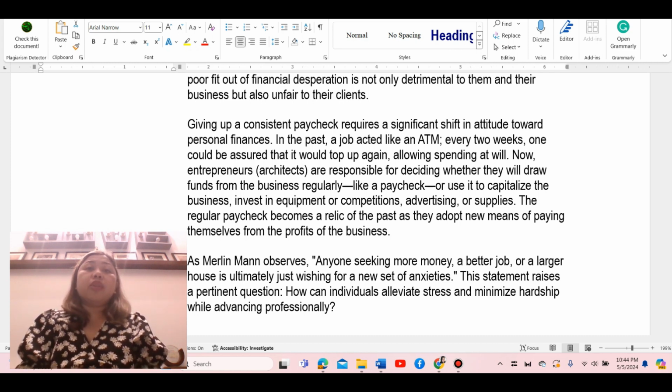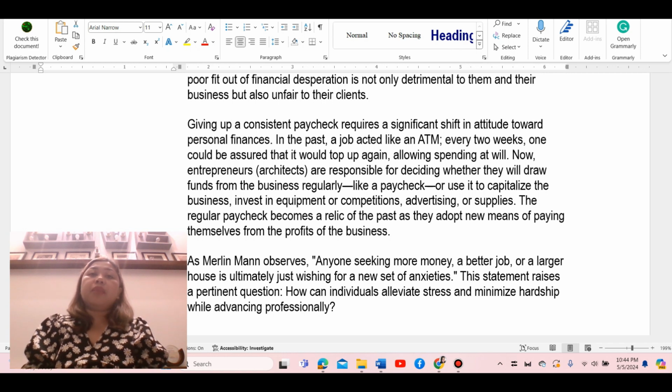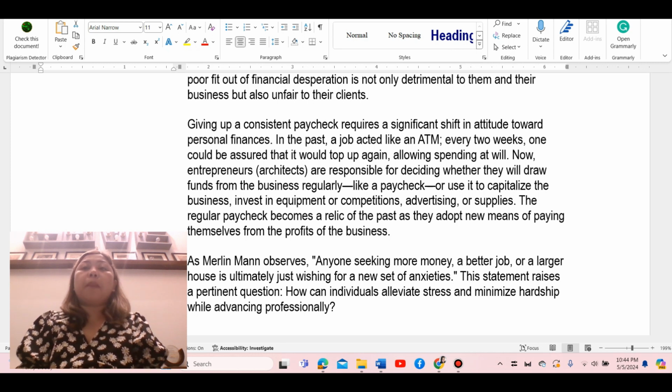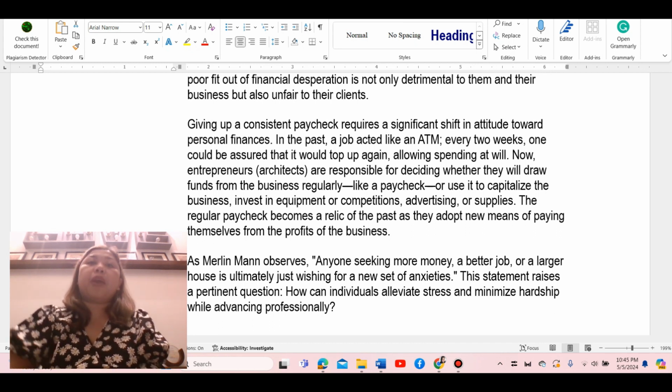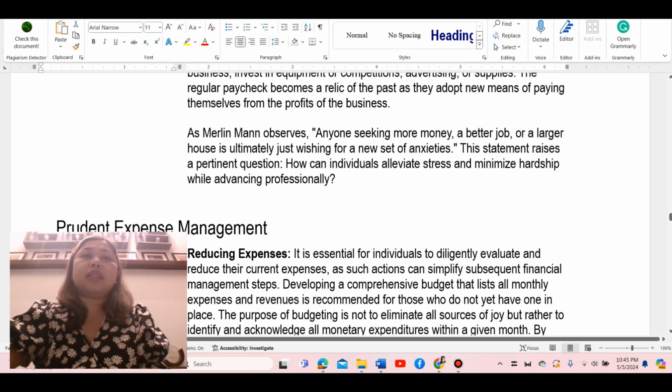Now, entrepreneurs are responsible for deciding whether they will draw funds from the business regularly, like a paycheck, or use it to capitalize the business, invest in equipment or competitions, advertising, or supplies. The regular paycheck becomes a relic of the past as they adopt new means of paying themselves from the profits of the business.